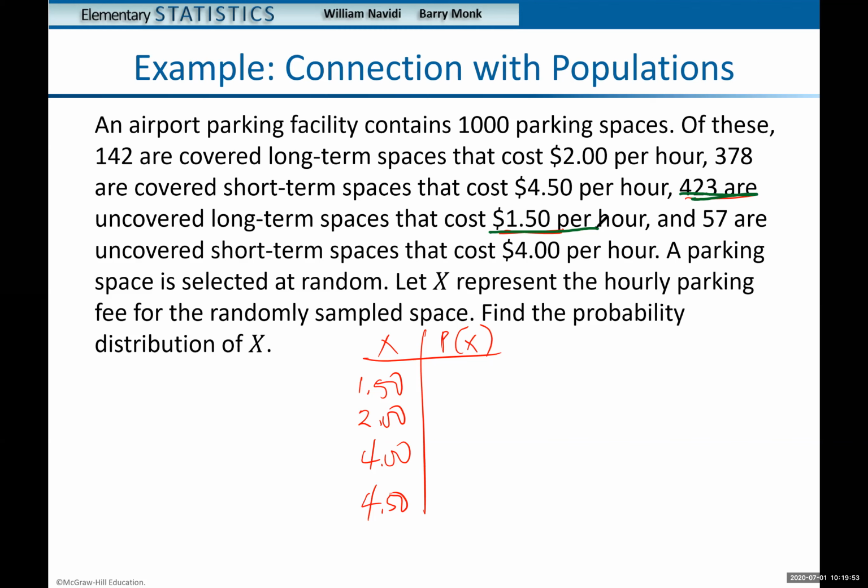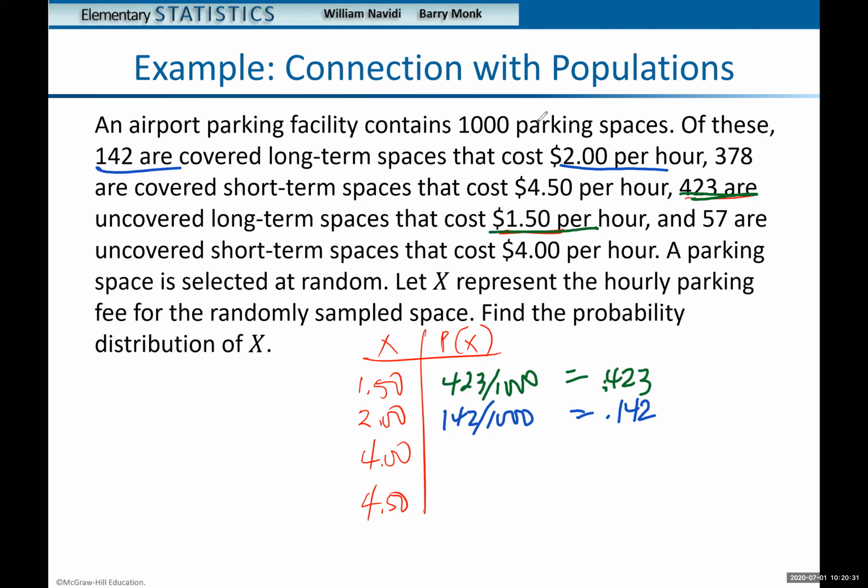The probability that it is $1.50 is 423 out of the total 1,000. Next, $2. 142 are covered long-term spaces, and it costs $2 per hour. So that is 142 over 1,000, which is equal to 0.142.